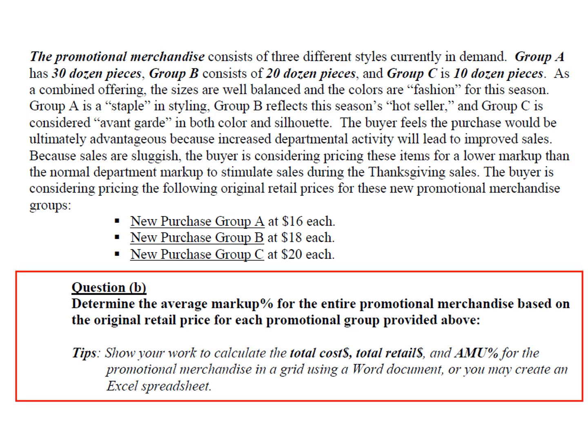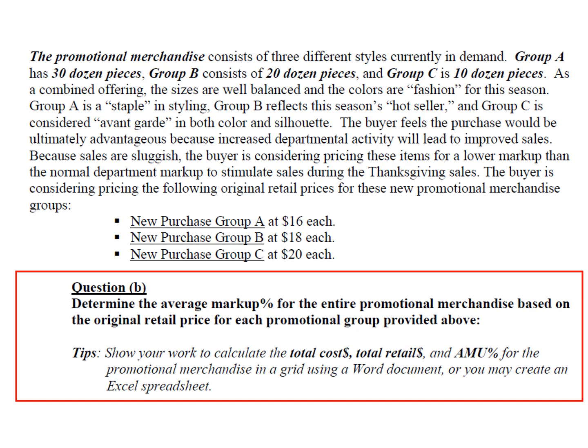Given this buyer's new plan, question B, the second question, is to determine the average markup percent for the entire promotional merchandise, so these 60 dozen pieces, groups A, B, and C combined, based on their original retail prices that the buyer just decided above, $16, $18, and $20 for groups A, B, and C respectively.